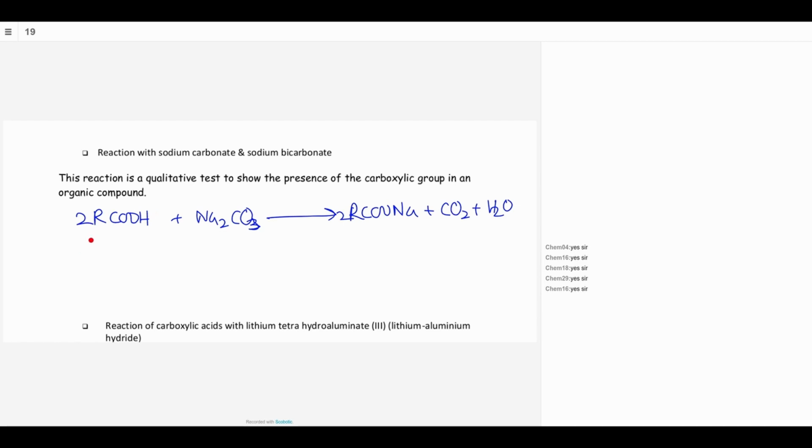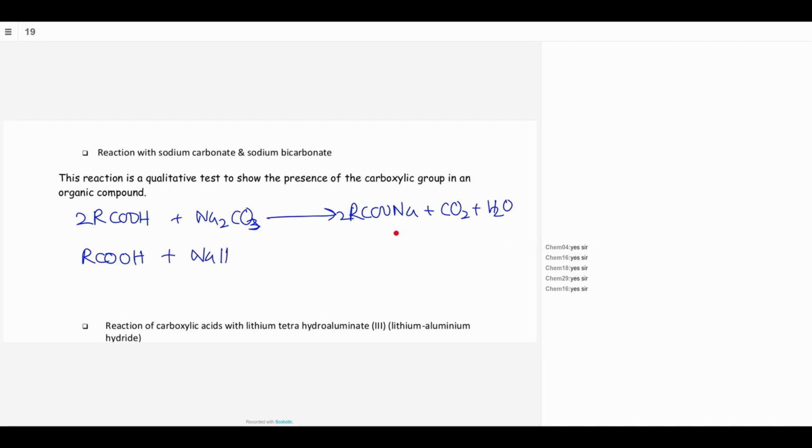And if you take, for example, a group 2 carbonate, it gives the salt, carbon dioxide plus water. The same reaction is observed with bicarbonate. So I'm going to write the second reaction as the bicarbonate, sodium hydrogen carbonate.